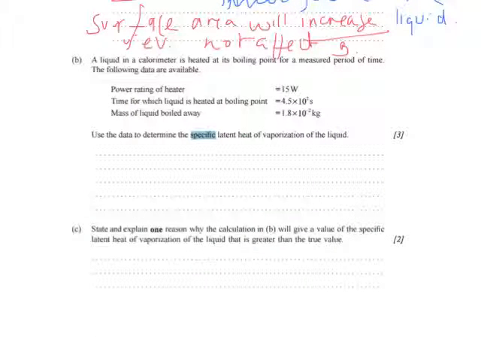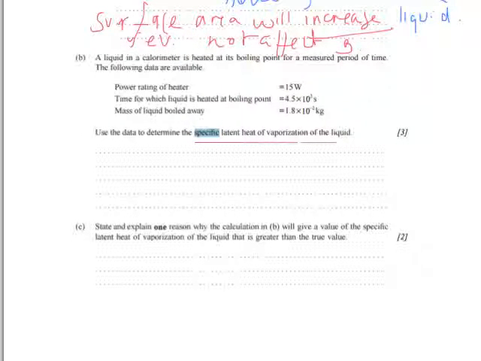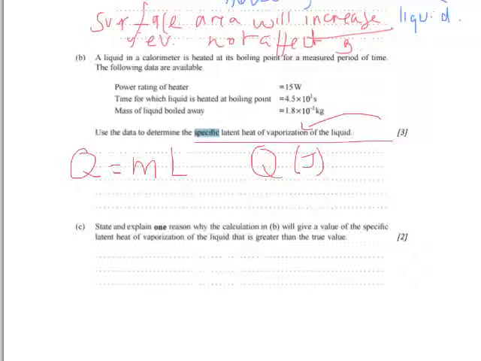Another calculation question, but this time it's about the specific latent heat of vaporization. So we have Q, the energy that arrives, equals the mass of liquid vaporizing times L. And this is like the kettle experiment that you did. So, just plugging in the values, how do we work out Q? Q is energy in joules. We don't have that value, but we do have power in watts and time in seconds.